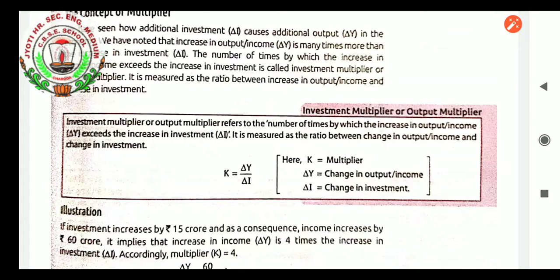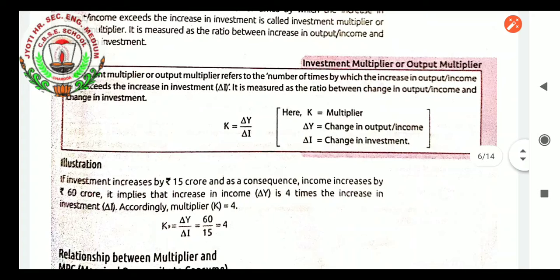It is measured as the ratio between change in output or income and change in investment: K equals delta Y upon delta I. Illustration: if investment increases by rupees 15 crore and, as a consequence, income increases by rupees 60 crore, it implies that the increase in income is 4 times the increase in investment.